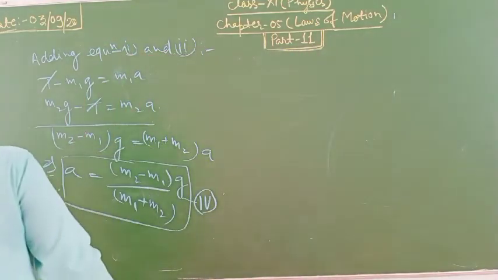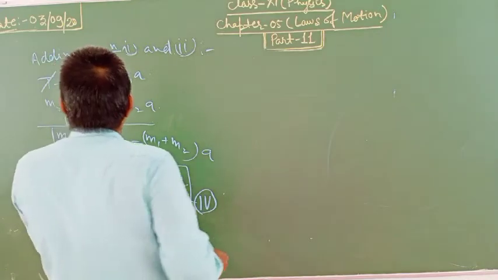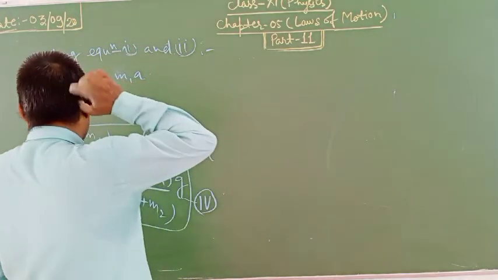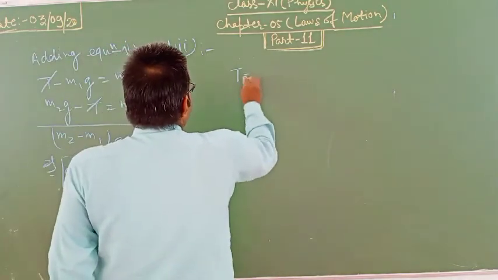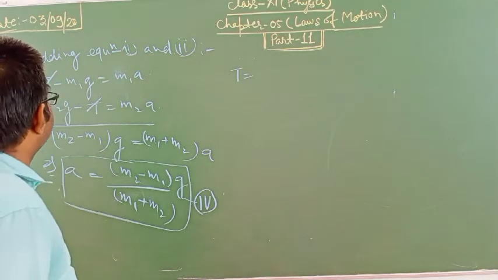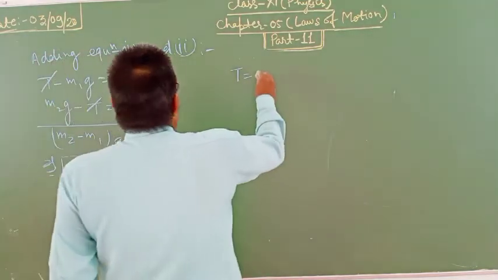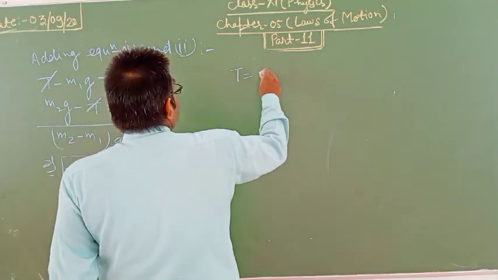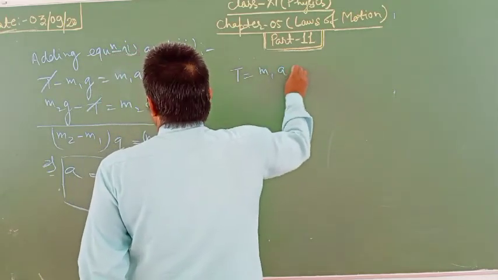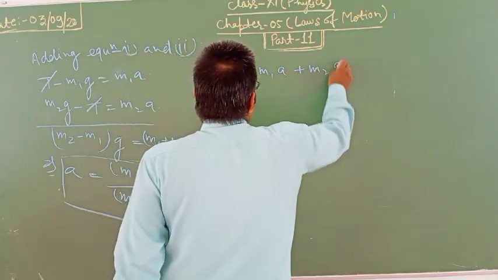Now putting this value in equation 1 to find the tension T. The tension T is equal to m1 a plus m2 g.